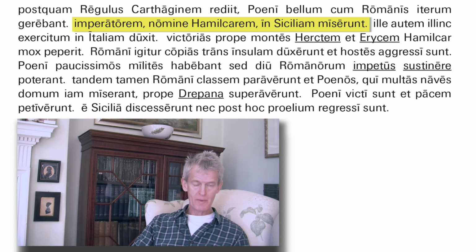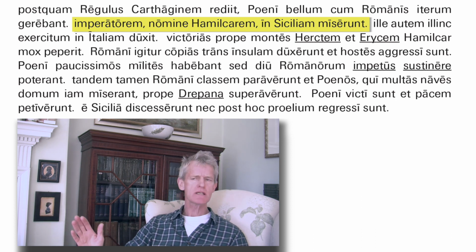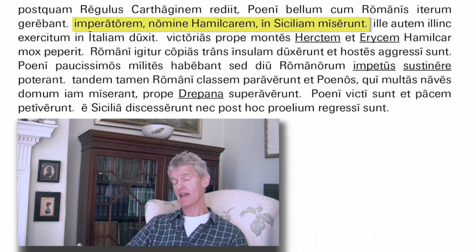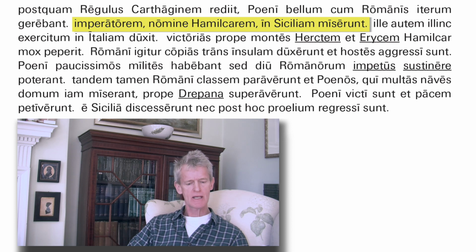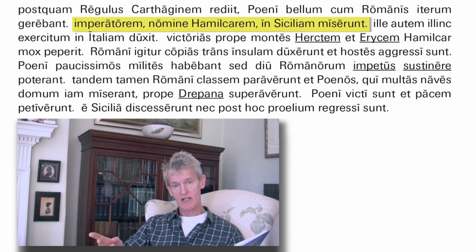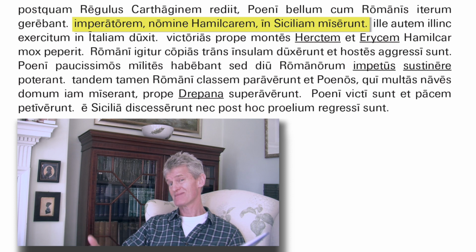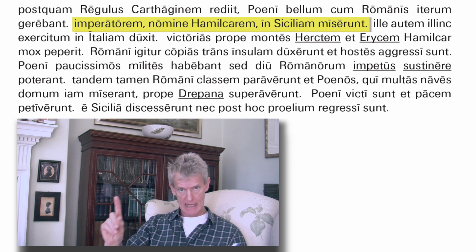Imperatorem nomine Hamilcarem in Siciliam miserunt. Okay? Now, imperatorem, we see it's an accusative, so we never, never, never translate an accusative case before we have translated the verb. So, we're getting pretty good at this. We're flying down to look for our verb. We jump over some little comma-y bits, nomine Hamilcarem, by name Hamilcar, but again, that's accusative.